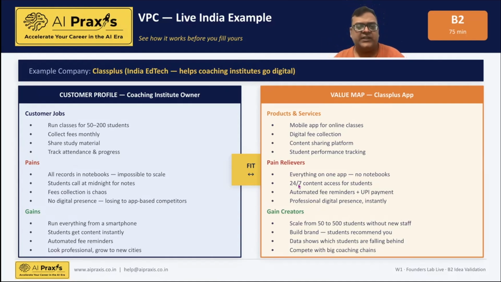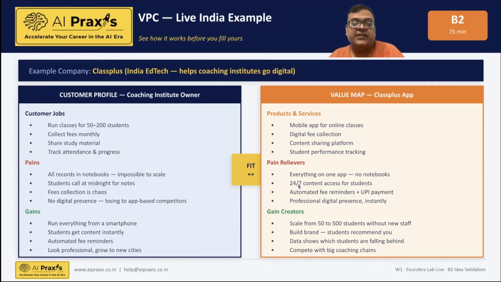It's a company that helps coaching institutes manage their classes digitally. Let us imagine a coaching institute owner who teaches around 100 students. What are their jobs? They need to run classes, collect fees, share study material, and keep track of students.